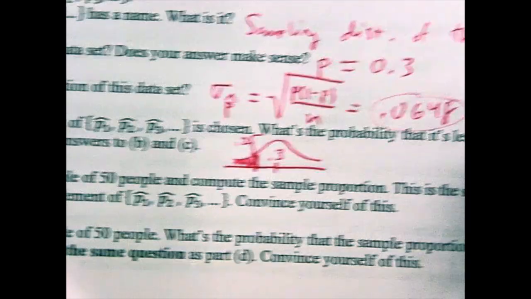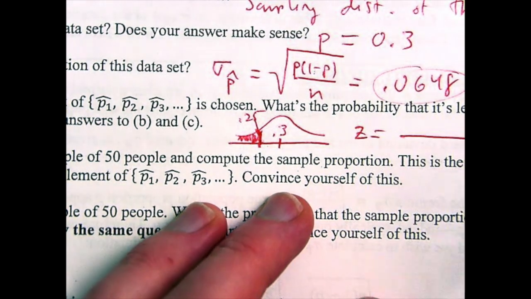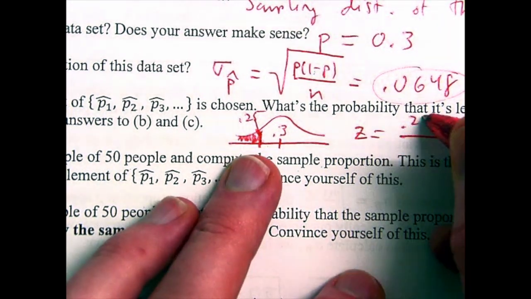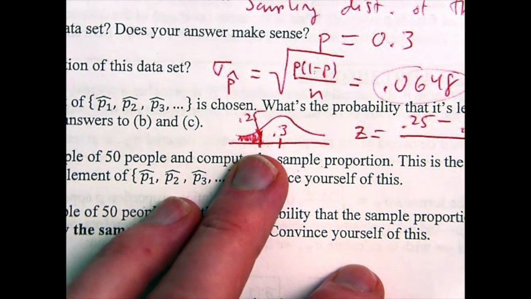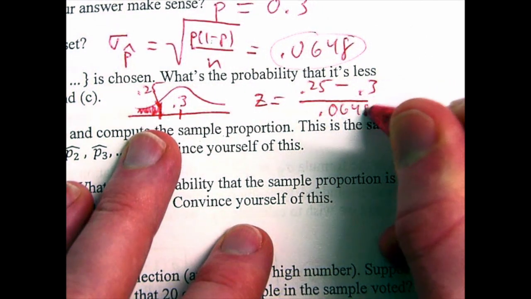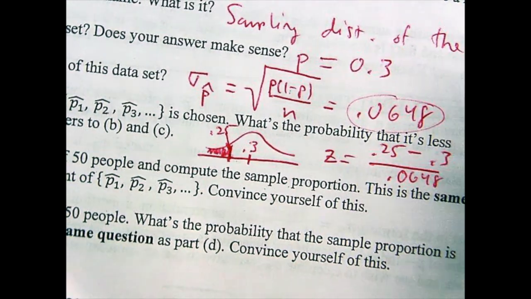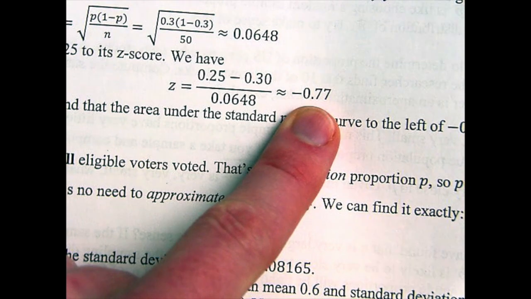So you have to convert to z-scores. z is equal to the number we're trying to convert, 0.25, minus the mean, 0.3, over the standard deviation, 0.0648, which comes out to be about negative 0.77.